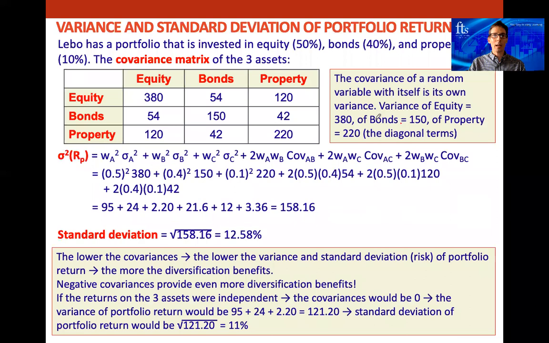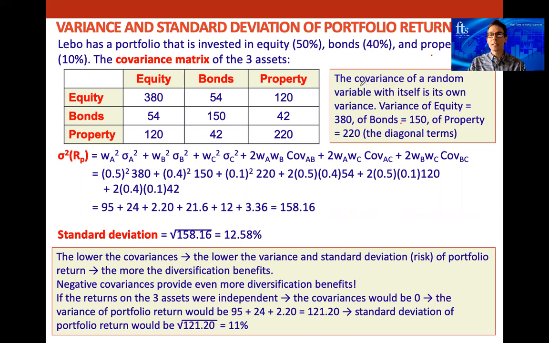So Lebo has a portfolio, and she's got 50% of her money in equity, 40% in bonds, and 10% in property. And this is now what we call a covariance matrix of the 3 assets. And we're going to understand how this matrix works as we work through the example. And just before we get going, this is one of the things that we saw on the first slide of this class.